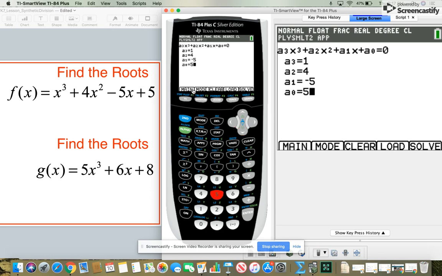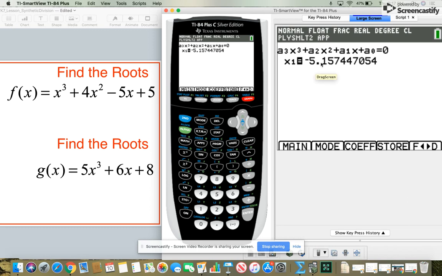Again, I have main, mode, clear, load, and solve, all placed above these buttons over here. So I'm going to click the solve button. It looks like this polynomial has one root and it's at -5.16. So I just found the roots of the first polynomial, f of x.